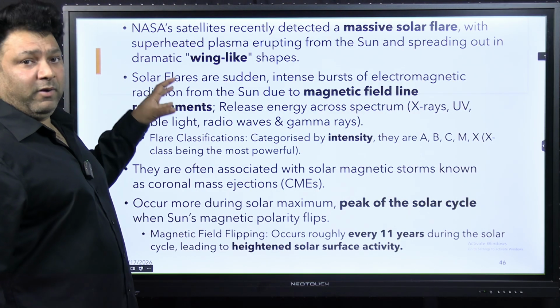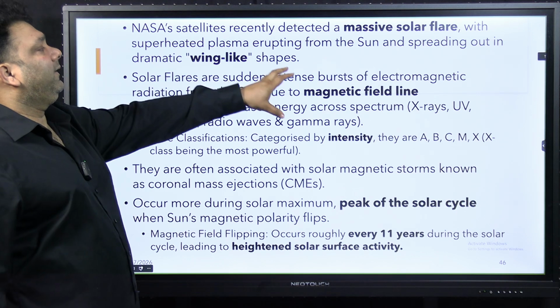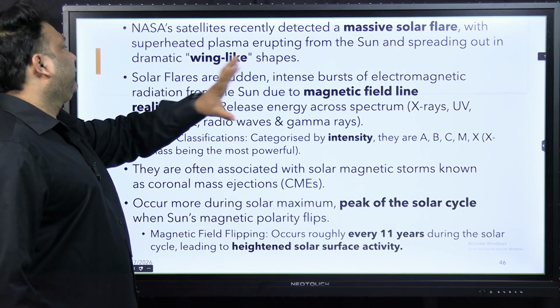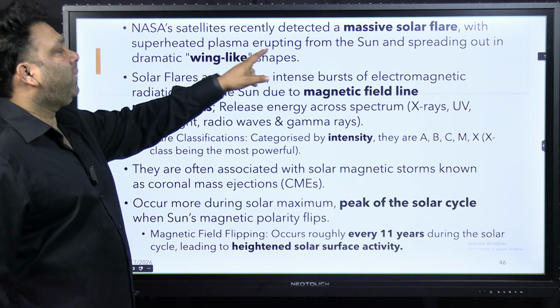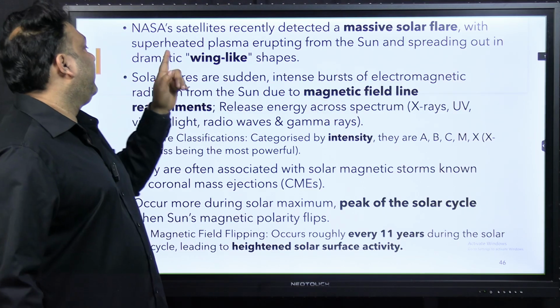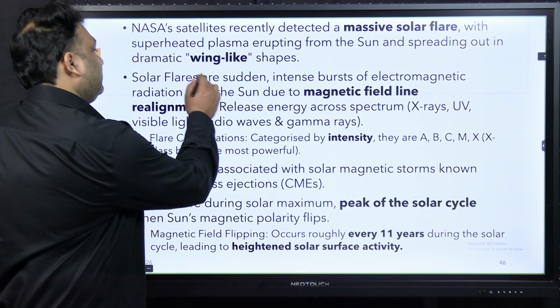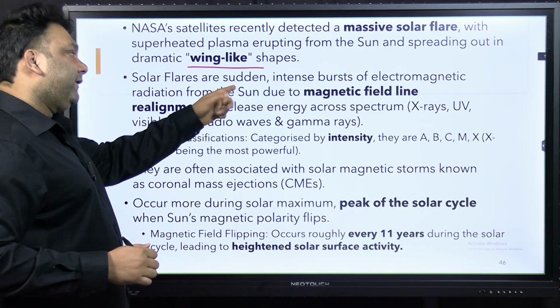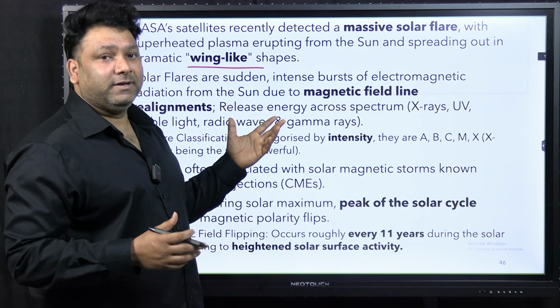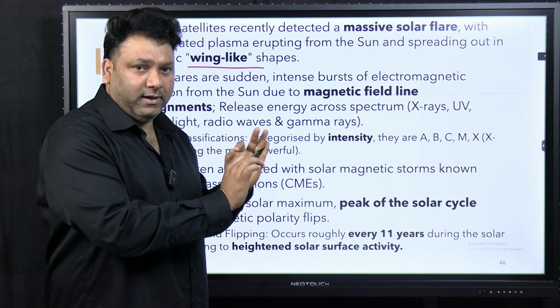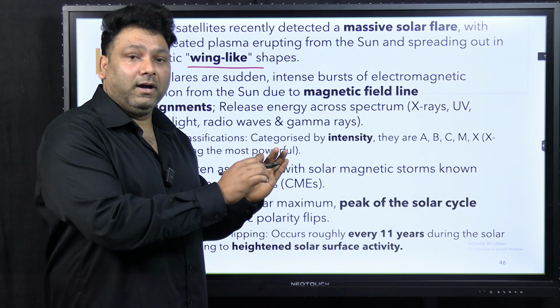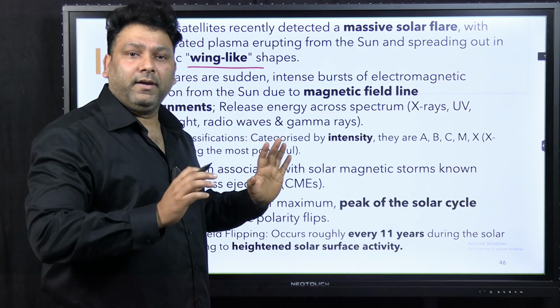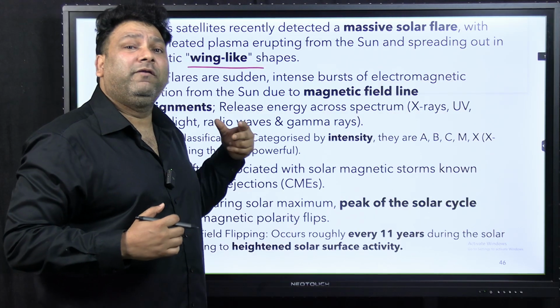Now, what is in the news is that NASA satellites recently detected a massive solar flare with superheated plasma erupting from the sun and spreading out in a dramatic wing-like shape. Now you must be understanding these points. They are sudden. Obviously, they will not be gradual. It's like you light a fire somewhere, and sometimes the fire suddenly rises up. In the same fashion, a flare comes in a fire.